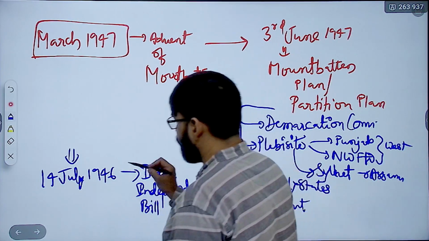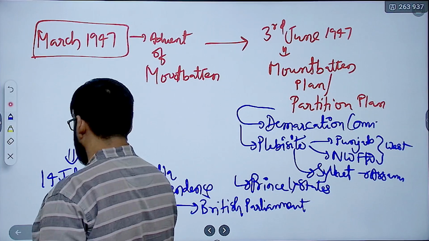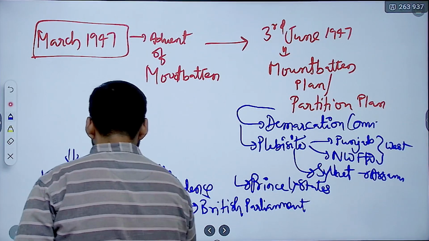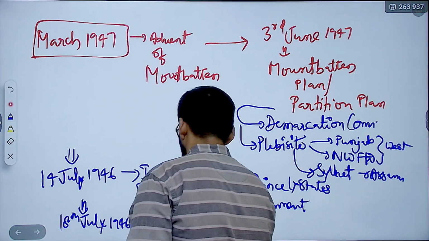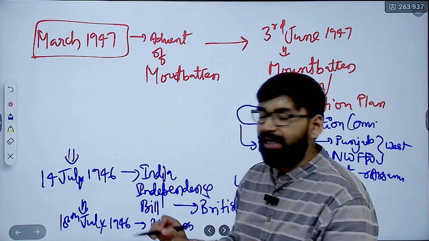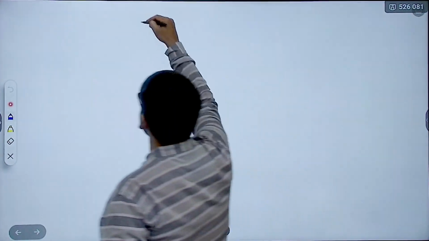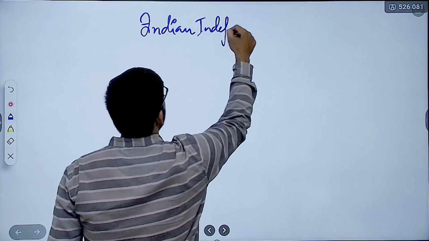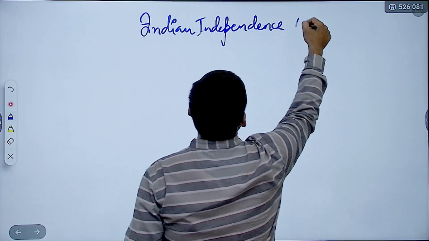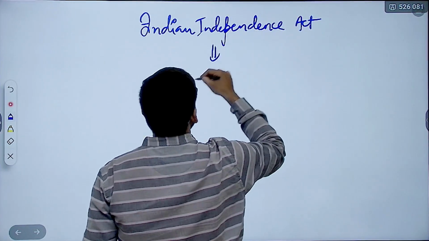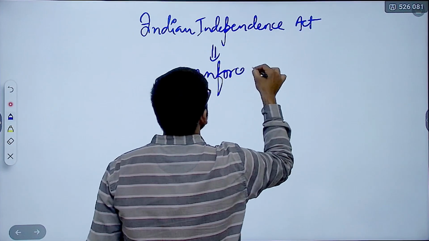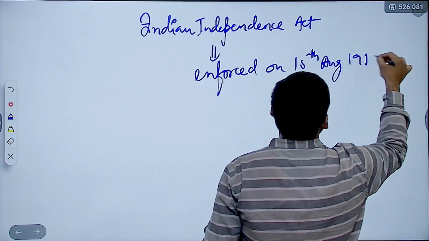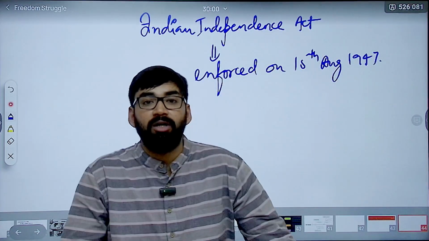And finally this bill was passed on 18 July 1947. This bill was passed and it became the Indian Independence Act. And finally this would be enforced on 15 August 1947, the day of our independence.